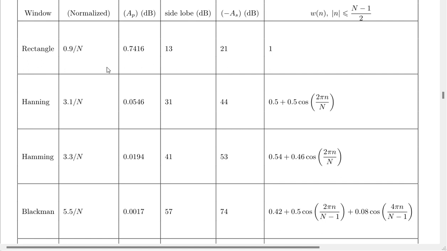Because Hamming will lead to a larger window. 3.1 compared to 3.3 over N is better because it will be equal to delta f. So N will be the smaller one.